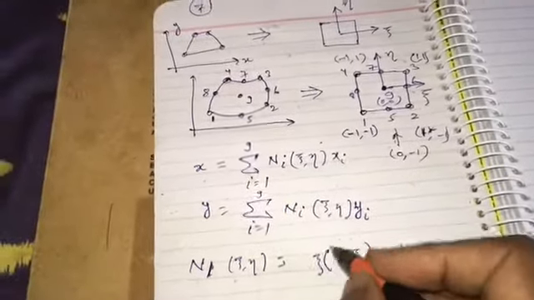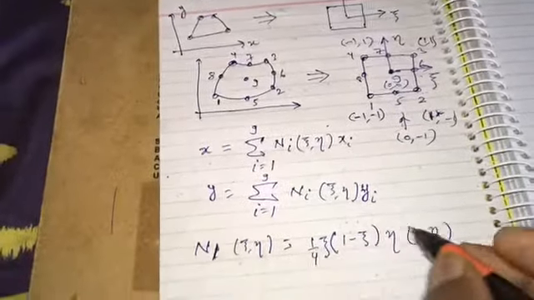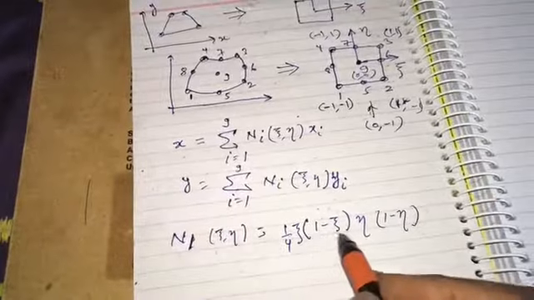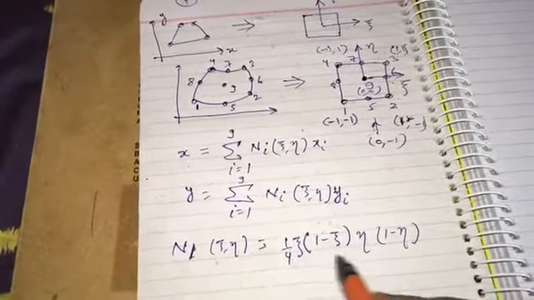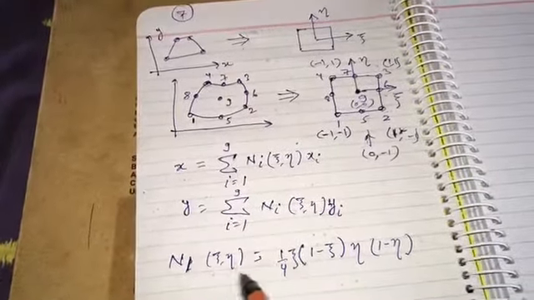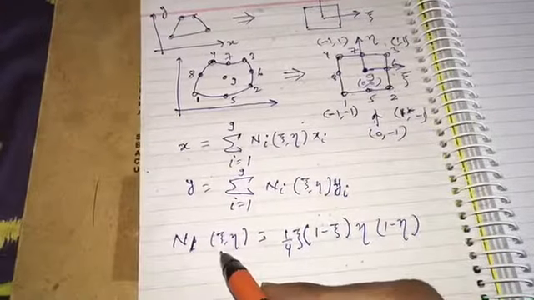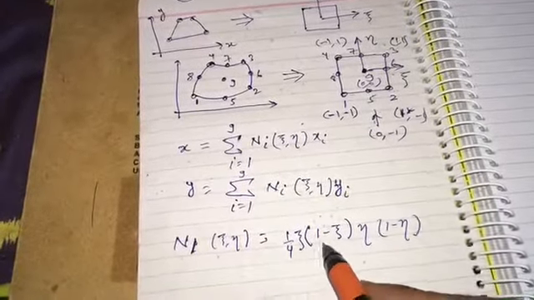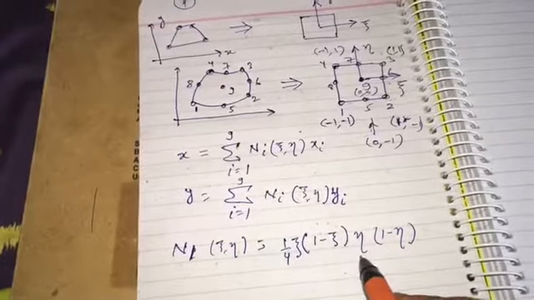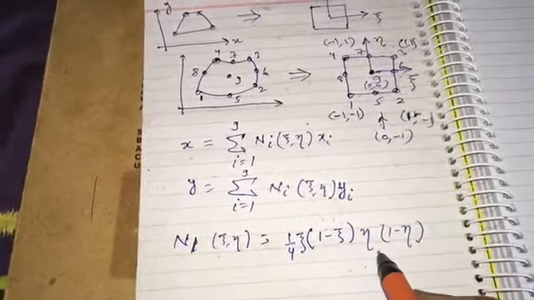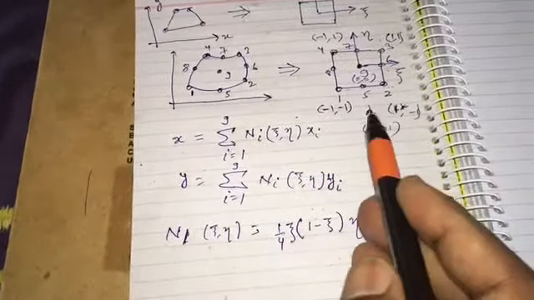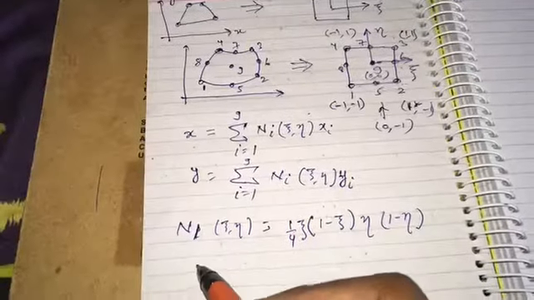So this will be 1 over 4. So N1 will be given like this one. You can see that N1 is quadratic in xi as well as in eta. Similarly, we can find out N2 to N9.